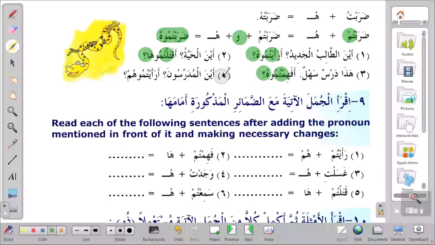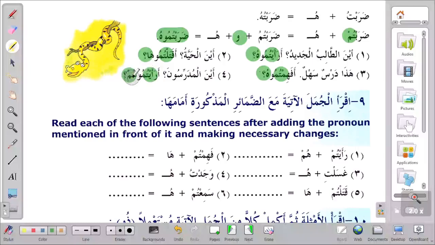Aina al-mudarrisun? Where are the teachers? Ara'aytumuhum? So this is hum, this is the object. But the verb is ra'a, and they will have tum, meaning you plural, you saw. You saw them. They want to say, did you see them, plural.